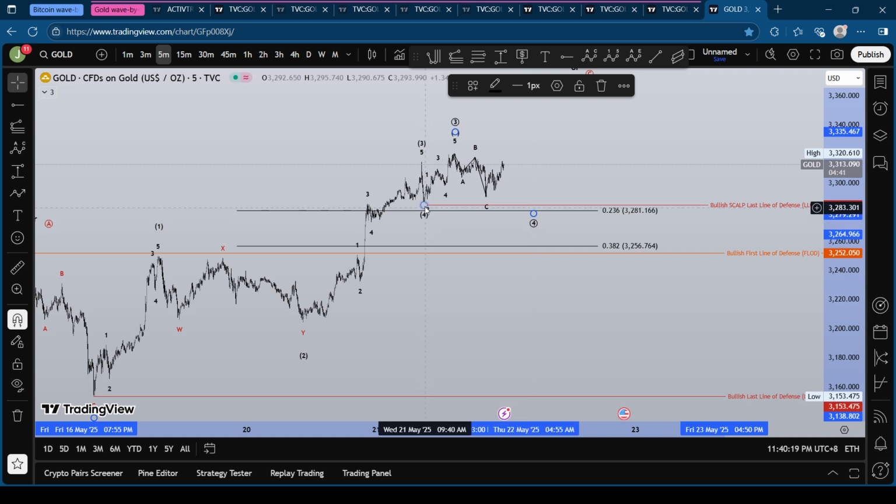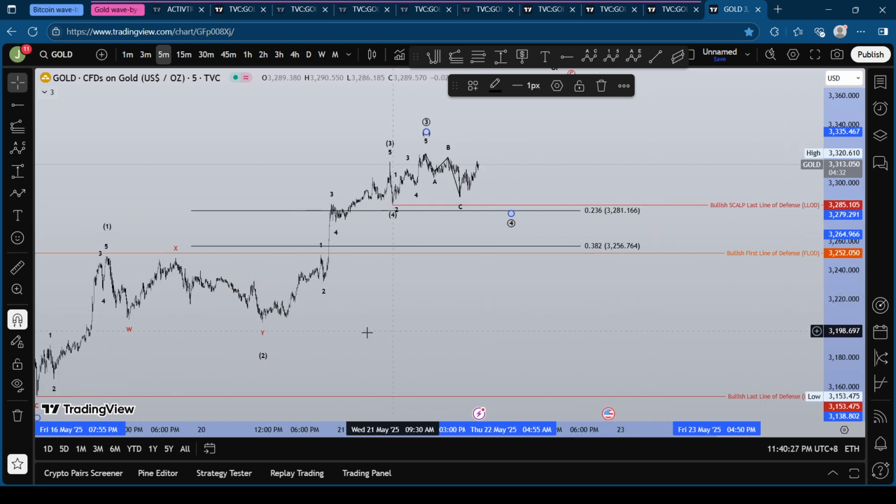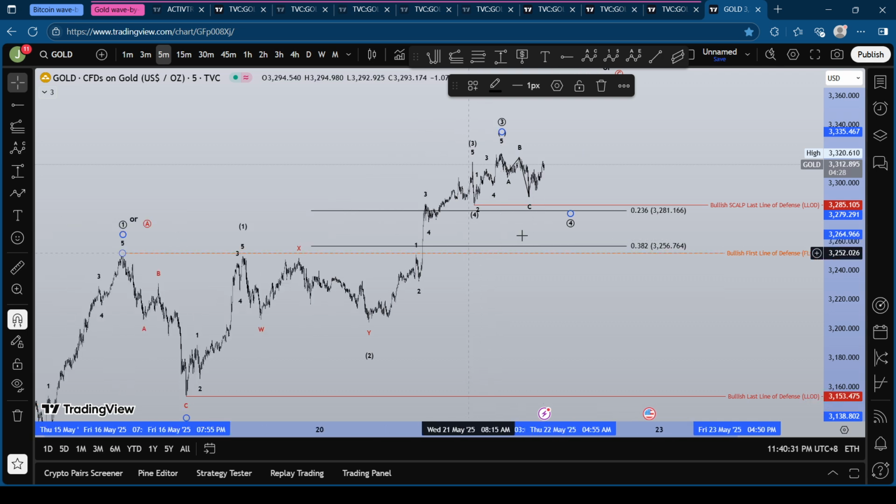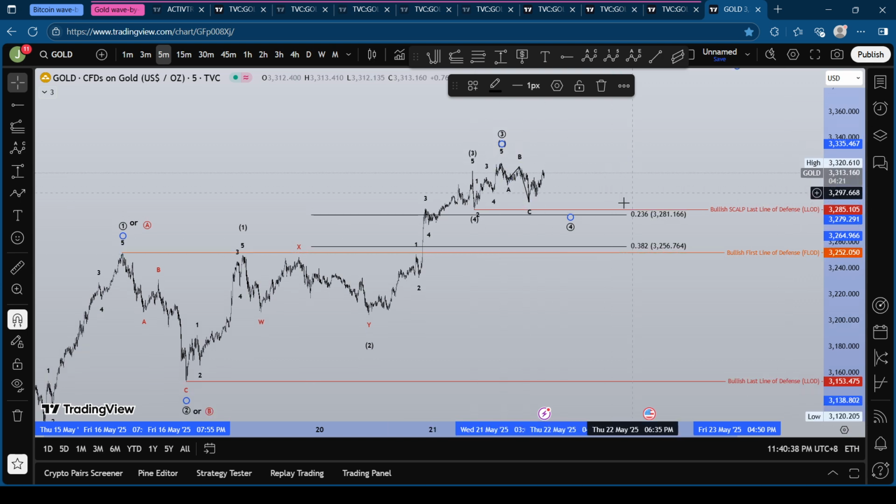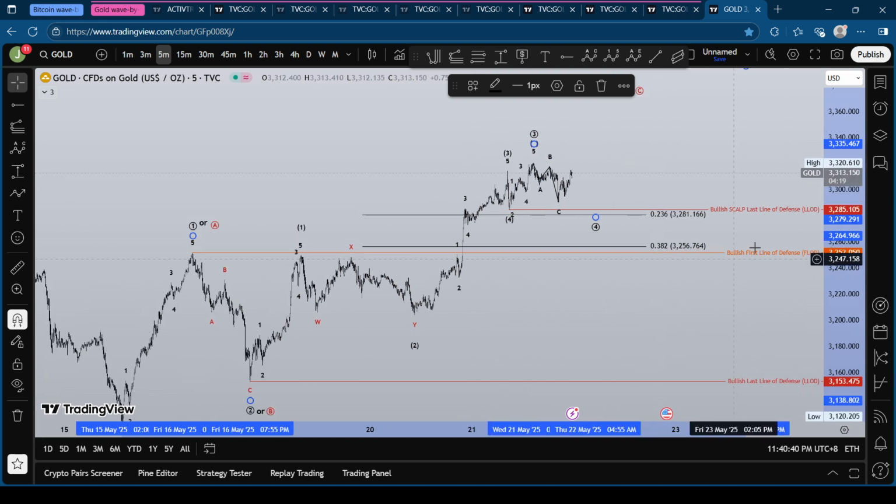So once this price gets broken, consider finding an additional position if you want to catch the wave 4 retracement. But as of now, the internal waves are not yet completed.